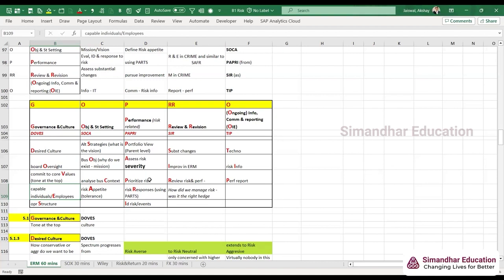Let's say in a company there are two employees. Okay, one employee works very hard. She's working on the projects very well and closes on time, everything, gets good stakeholder feedback, etc.